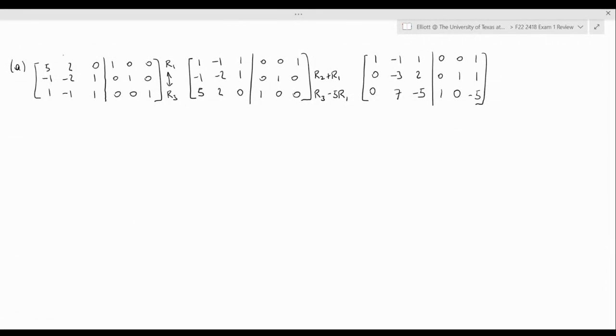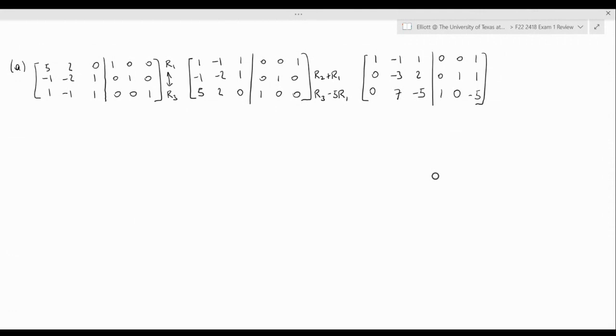Okay. So then next, this negative 3 will be like the next pivot. So we'd have to use it to eliminate the negative 1 and the 7 that's above and below it. Now, right now, if we do the elimination, we are going to get some fractions.